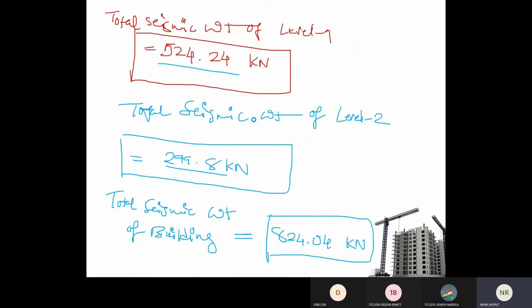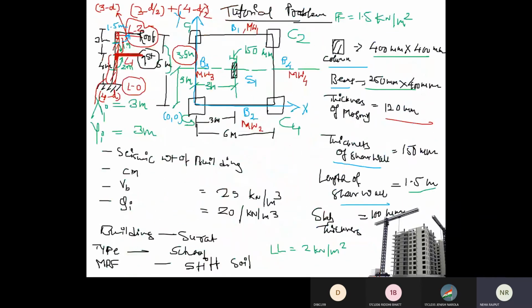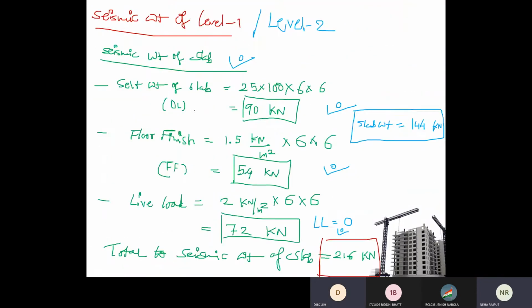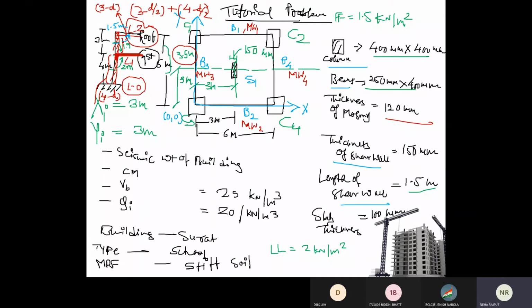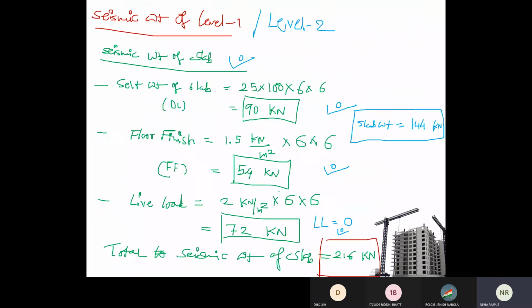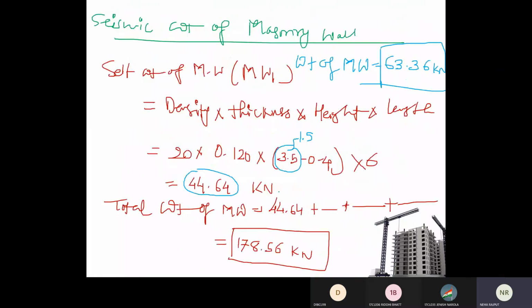Then coming to the beam. Now the yi distance of the B1 beam. Chalo, tell me, the y distance of the B1 beam from the origin in the y direction: 6 meter. Then B2: 0. B3: 3. Yes, 3, and B4 is also 3. Right, so 6, 0, 3, 3.